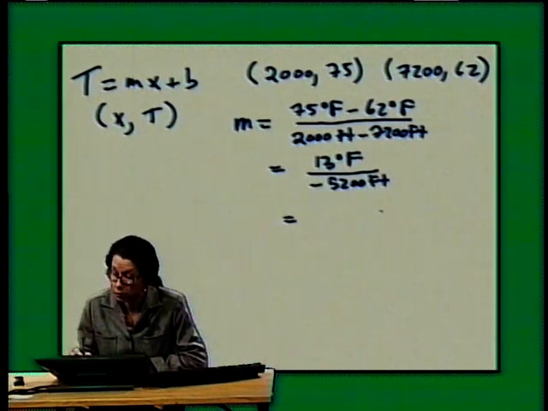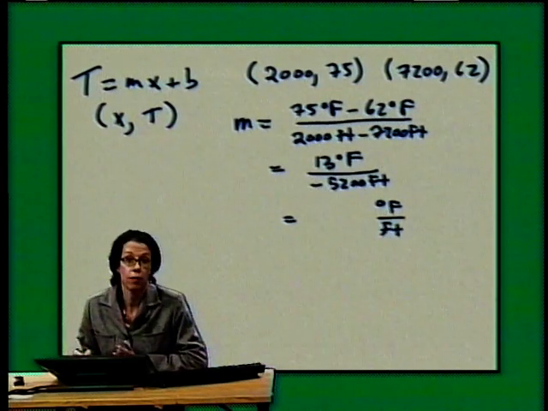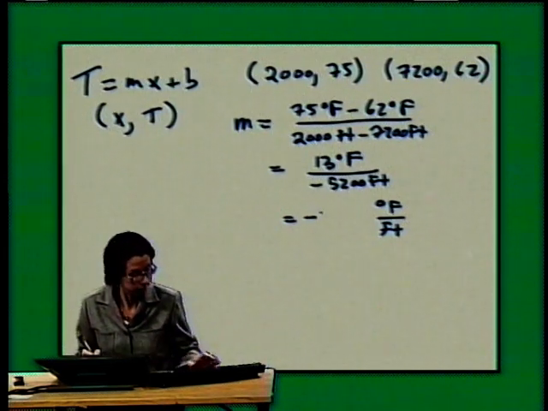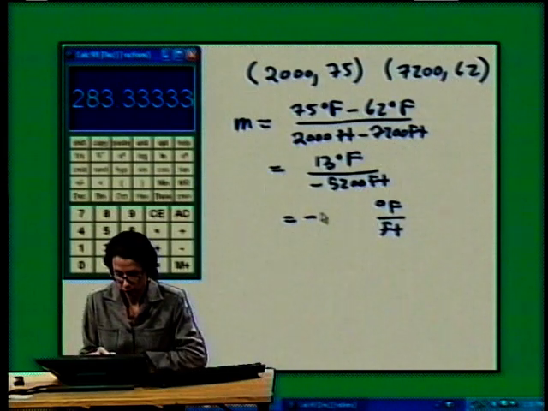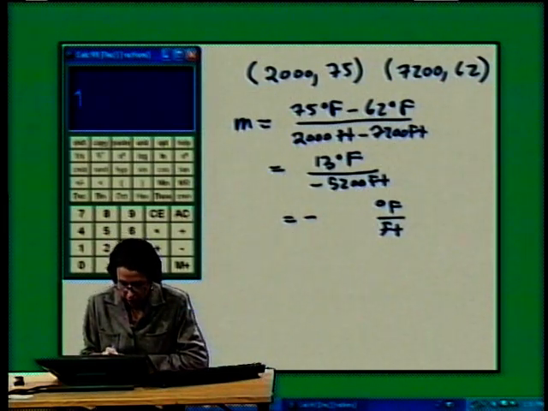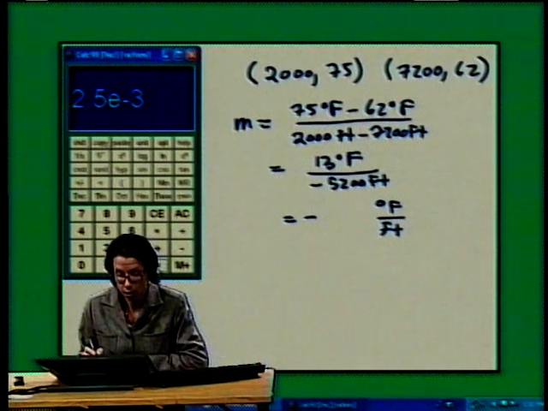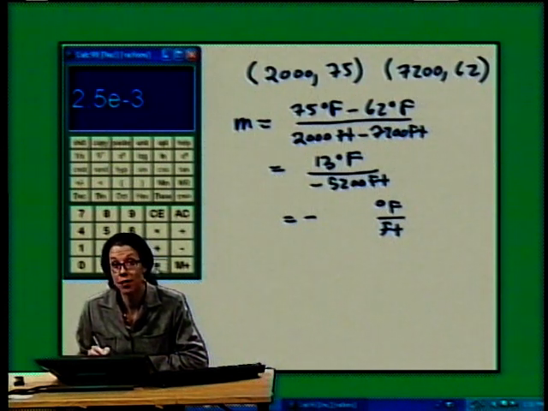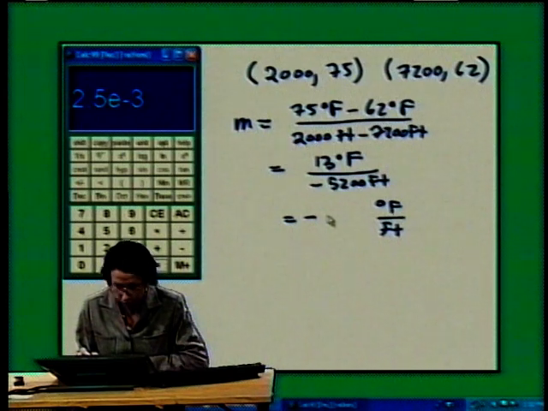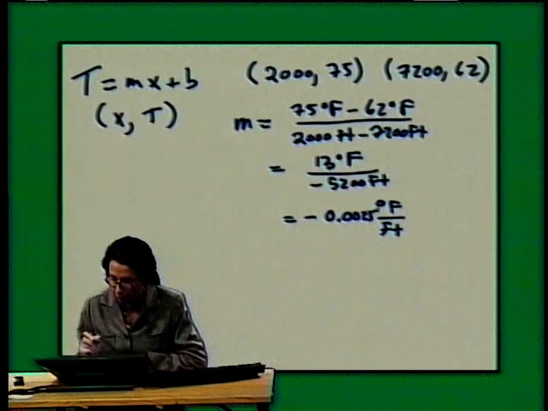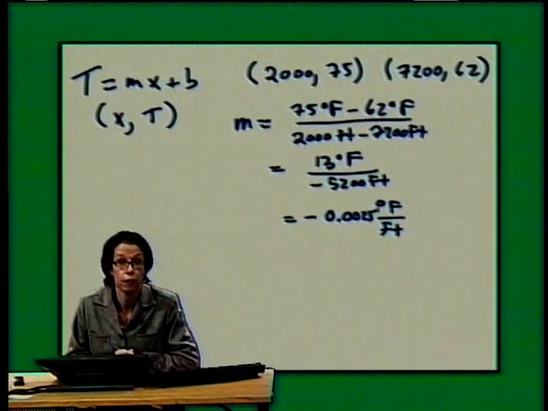So the units of my slope are degrees Fahrenheit per foot, and I'm just going to divide 13 by 5,200 to get a numerical value for the slope. My calculator is giving me scientific notation, but this is 2.5 times 10 to the negative 3, which is 0.0025 degrees Fahrenheit per foot.